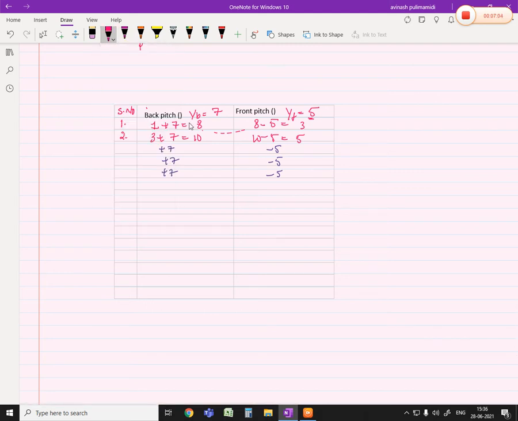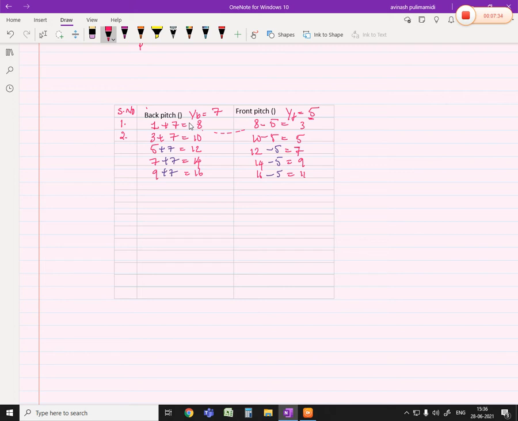The value we got here is 5. 5 plus 7 will be 12, and 12 minus 5 will be 7. Then take that 7 here. 7 plus 7 will be 14, and 14 minus 5 will be 9. 9 plus 7 will be 16, and 16 minus 5 will be 11.